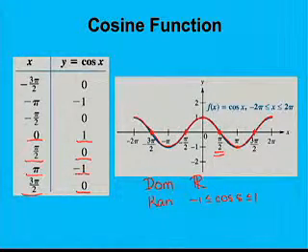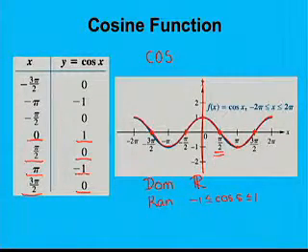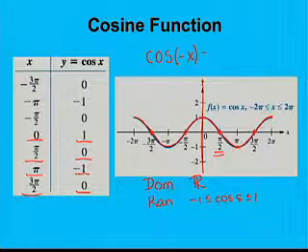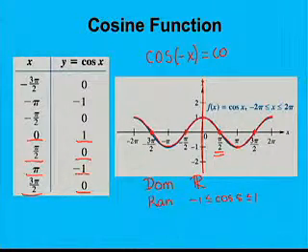That is to say, it has symmetry with respect to the y-axis, and we would write that cosine of negative x is equal to the cosine of x, remaining positive.